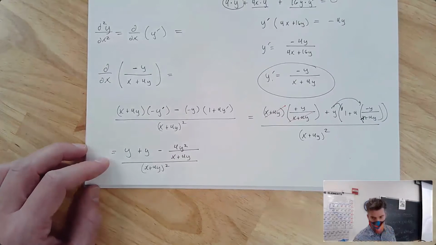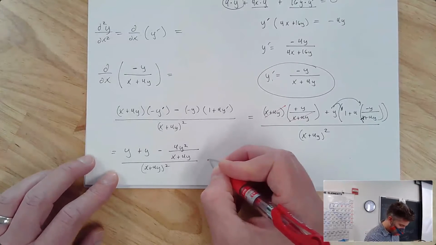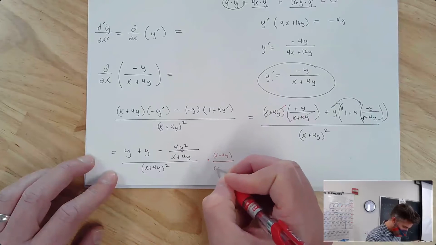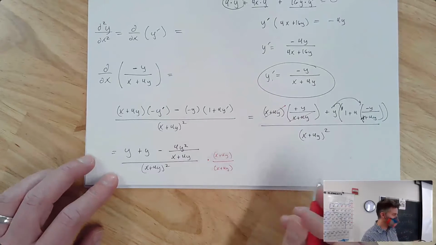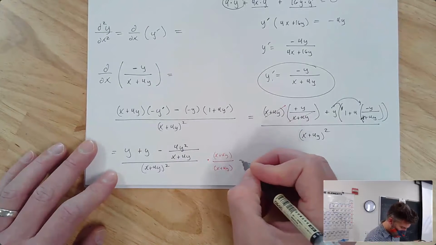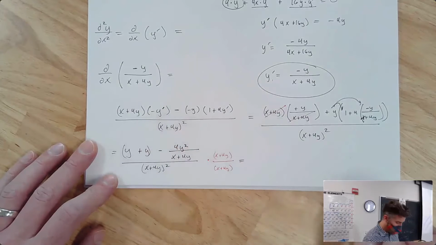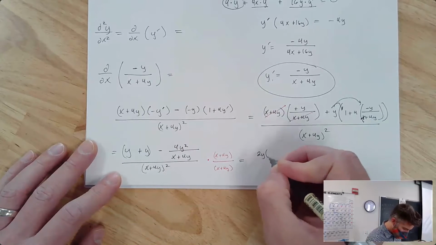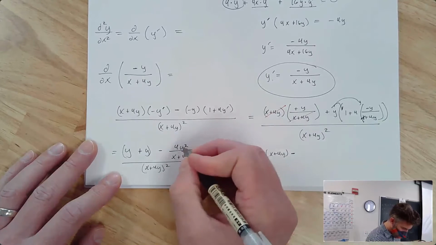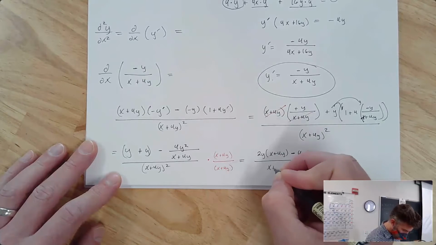I would probably try to get rid of this fraction here. So I'd multiply the entire top and the entire bottom by x plus 4y. It's a pretty standard move. So when I do that, I'm going to have 2y times x plus 4y minus 4y squared all over x plus 4y.